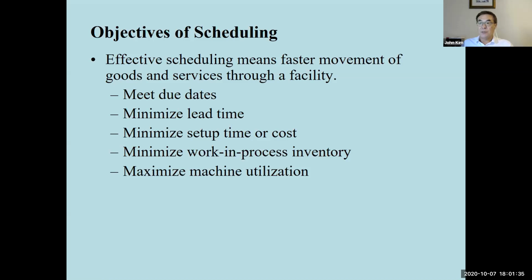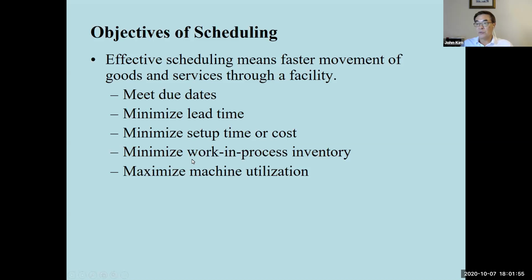Objectives of scheduling: meet the due date. If we know the due date, then to meet it, we schedule, and then try to minimize lead time by better scheduling, and setup time, and minimize cost too.